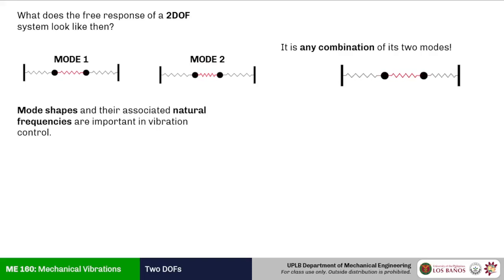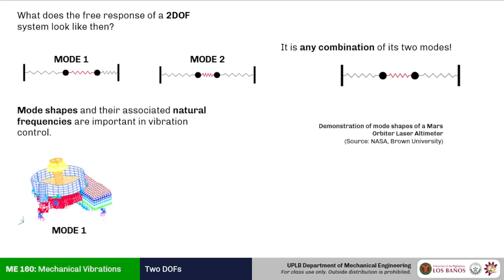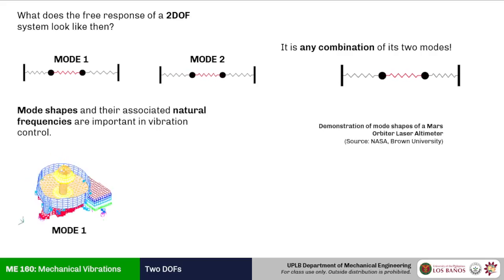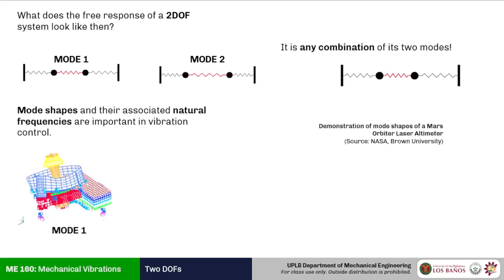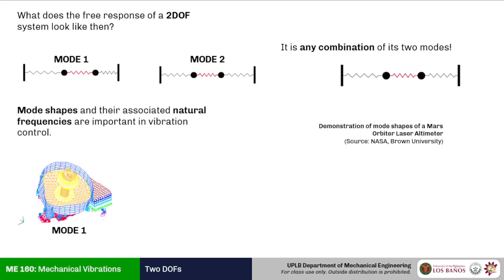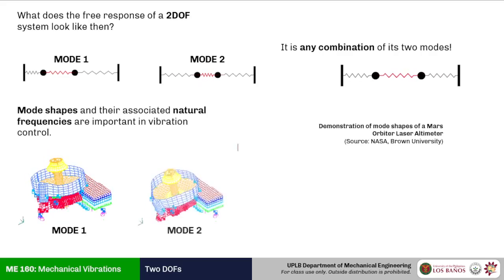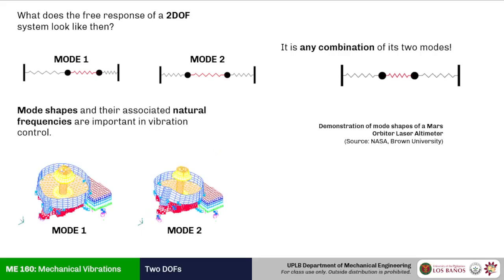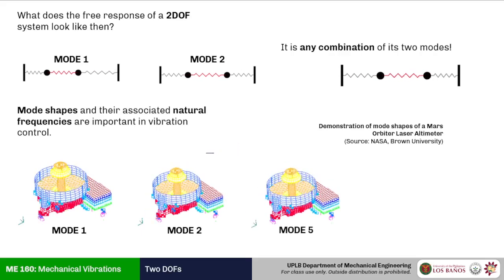One of their applications is in determining which part will be stressed during a particular kind of operation. So, for example, if you have a satellite attachment, it is important to determine the natural frequencies and the associated modes of vibration of each of these frequencies.